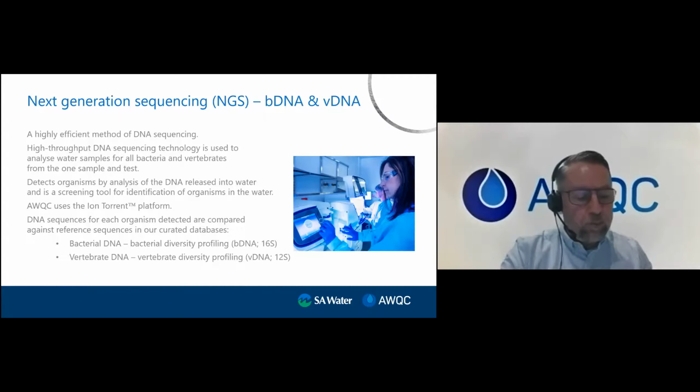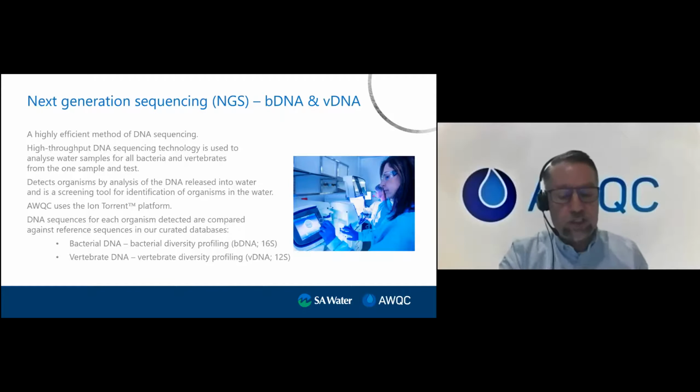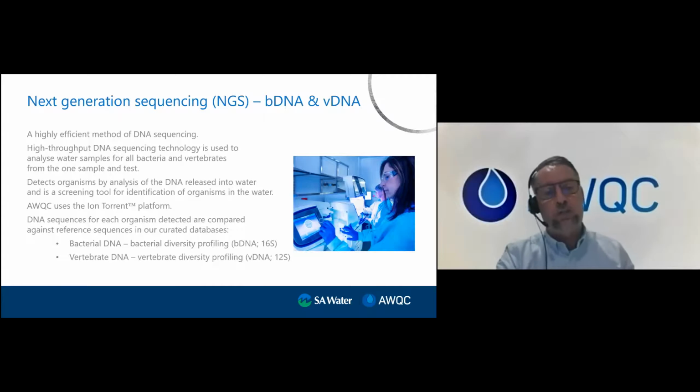It provides a better understanding of the sources, the types, and concentrations of biological contaminants. Catchment assessment, monitoring of discharges and exposure sites, all of these can be conducted using both our bacterial DNA and our vertebrate DNA diversity profiling.